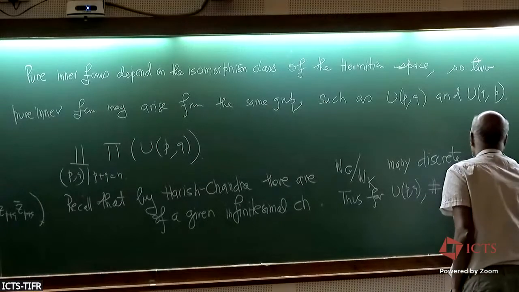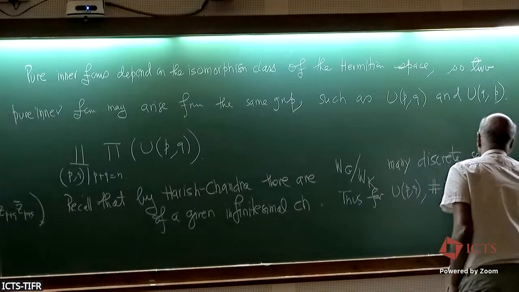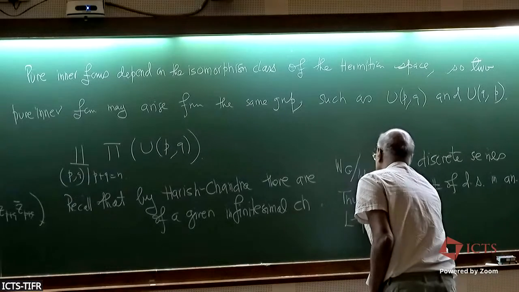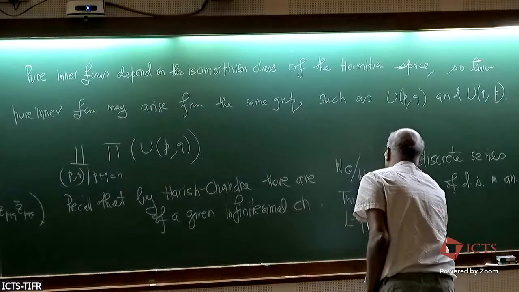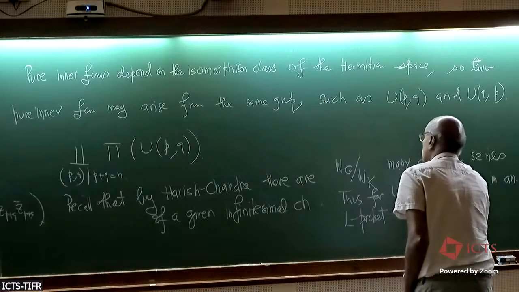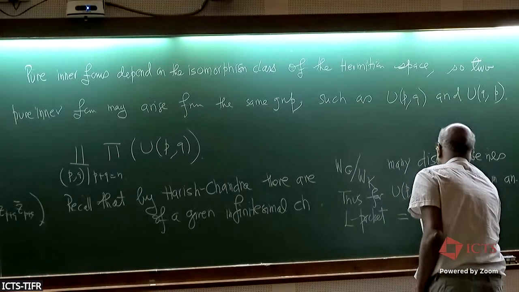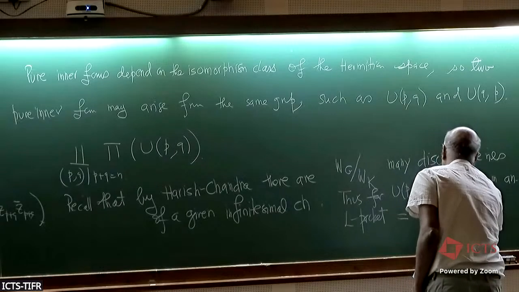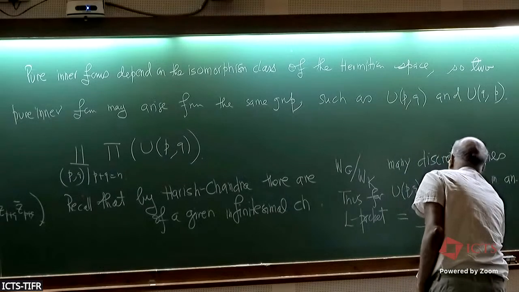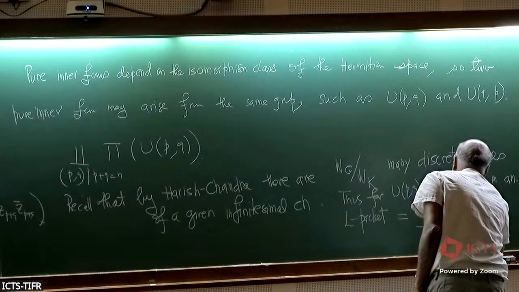The number of discrete series in an L packet equals |W_G|/|W_K|, where W_G is the Weyl group of the complex group, which is the symmetric group on p plus q symbols, and W_K is p factorial times q factorial.